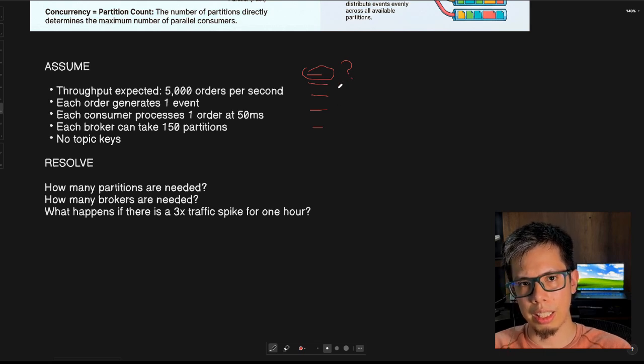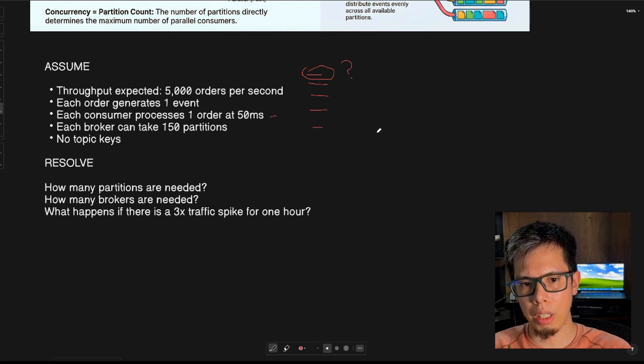A single job is like a single consumer, right? So how many orders can be consumed by a single consumer? And that answer I already have here. You have to know that the processing time for a single consumer will be 50 milliseconds for a single order. The question is how many orders could be processed in a single second.